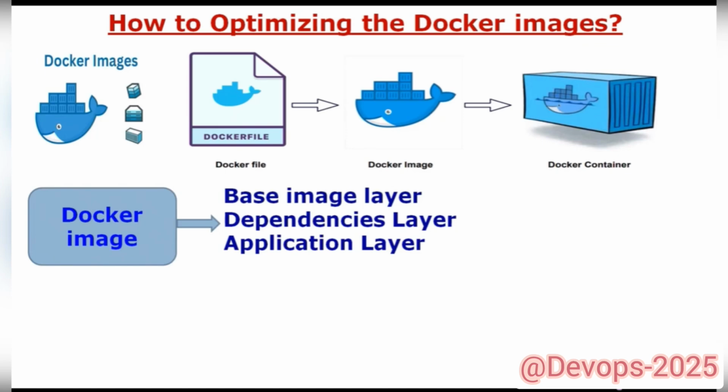Now, what are the problems that we have if the Docker image size is huge? Not only the size, but the number of files or layers you have inside the Docker image. If it is too much and these are not actually needed, then by having those unwanted files, your image gets more vulnerabilities.